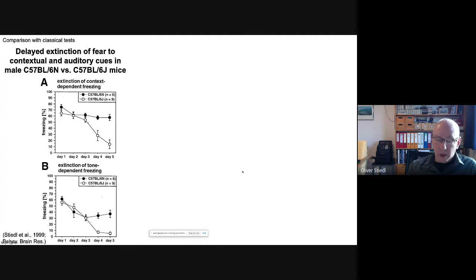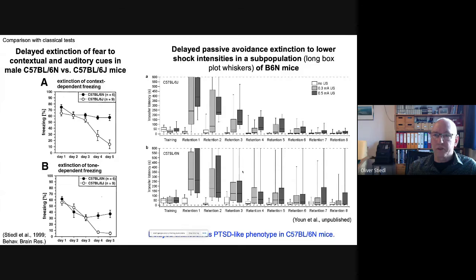Actually, if this would hold, we should see, and this is confirmed here, that since we know contextual-dependent freezing is similar to avoidance, because it's also a contextual part, we see that with increasing shock intensity in the subsequent retention tests, and this is the C57 6J and the 6Ns, we see a subpopulation that takes longer to move over and does not extinguish as fast as the C57 BL6Js.